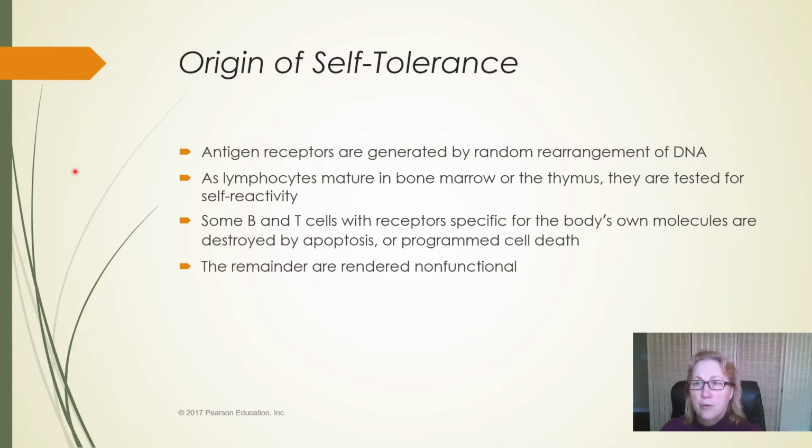So those have to be eliminated, and this happens by either destroying those cells and triggering them to go through apoptosis or programmed cell death, or making them non-functional so that they won't respond if signaled to do so. They will no longer react to those signals. And this generally works.